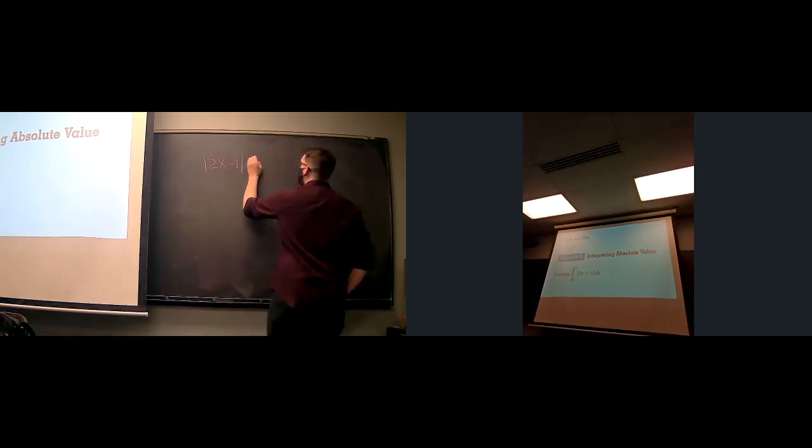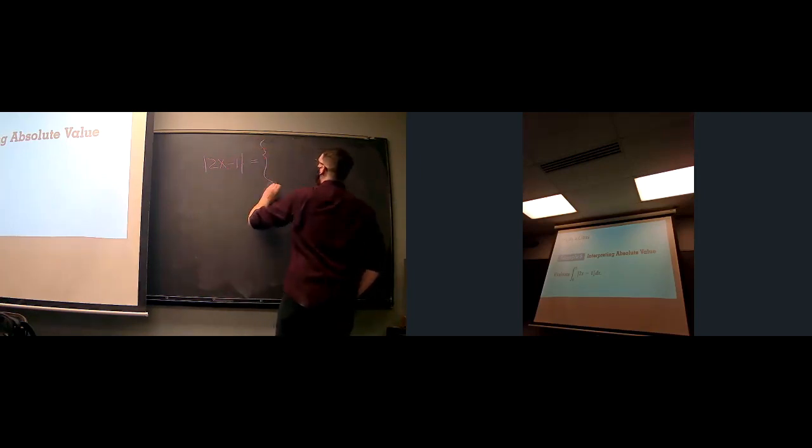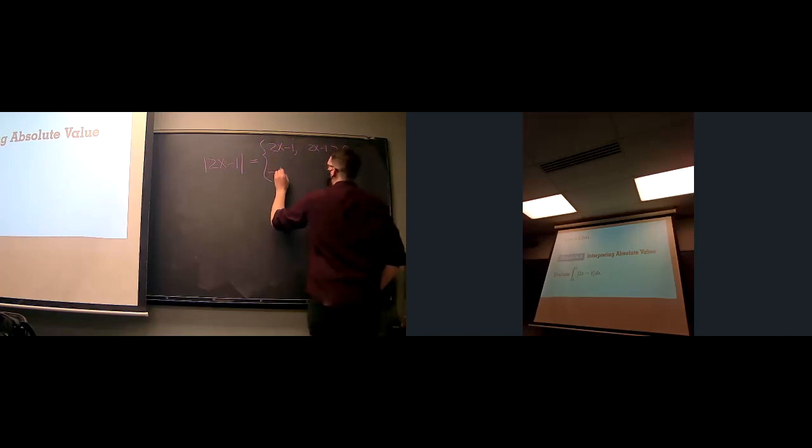Okay, so having said that, now, the absolute value of 2x, is it plus 1 or minus 1? This is going to be 2x minus 1 whenever 2x minus 1 is greater than or equal to 0, and negative 2x minus 1 whenever 2x minus 1 is less than 0, right?